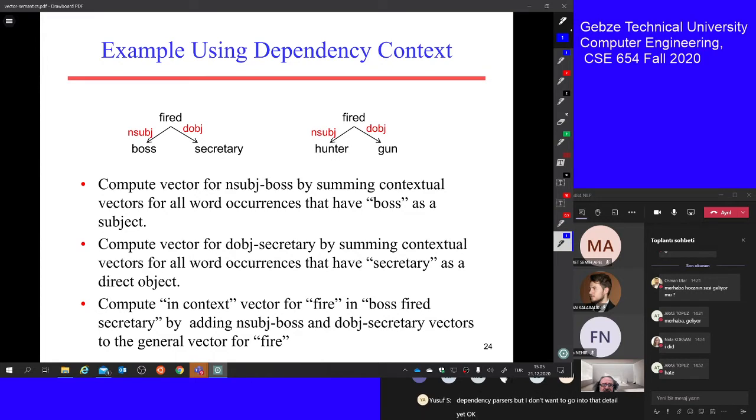So these are classic approaches for vector representations.